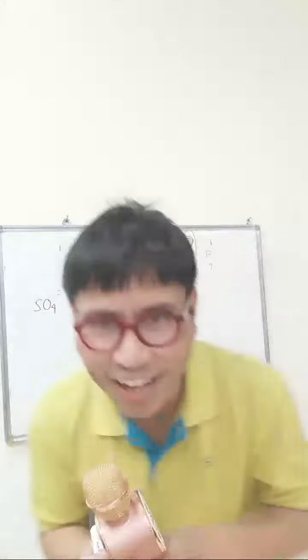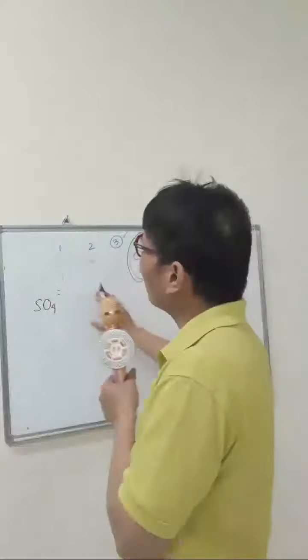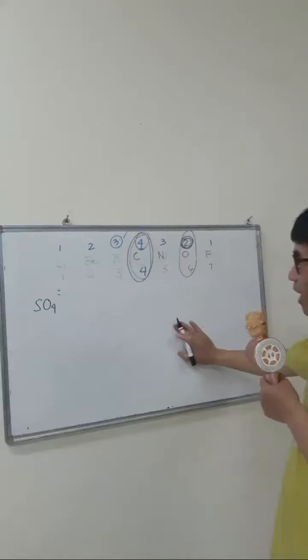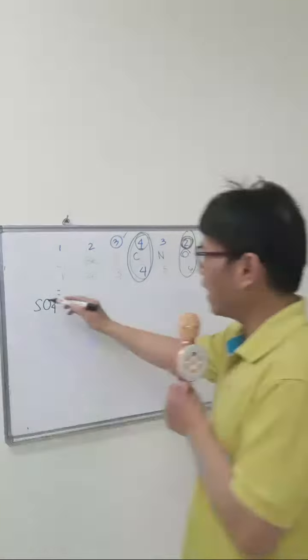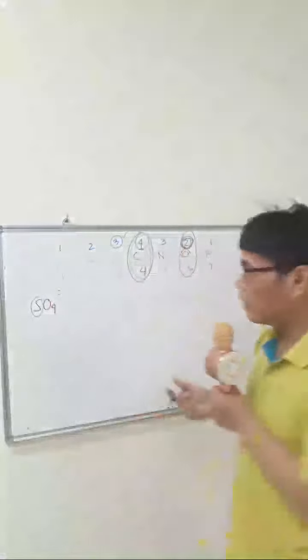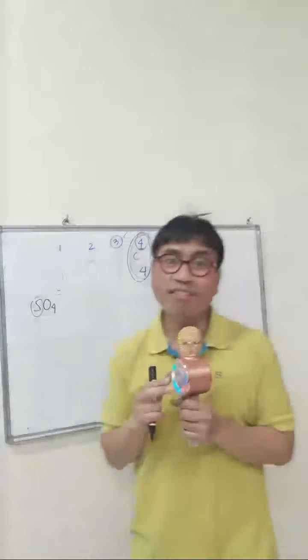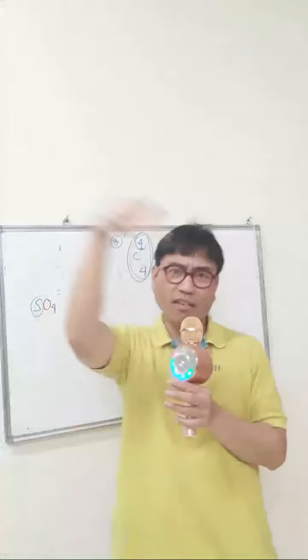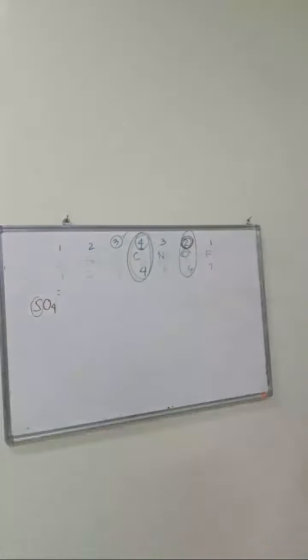So you will be confused because there is oxygen and sulfur here. So, what do you think for this? Where do you get the parent atom? Parent atom meaning the central atom you use to bond. You get the point? So that's the point there.